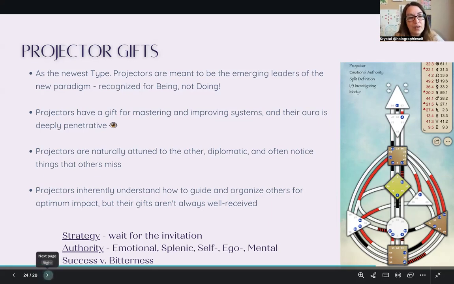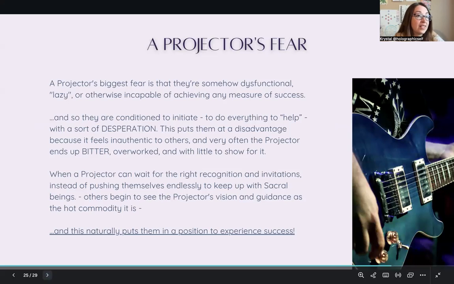A projector's biggest fear is that they're lazy, dysfunctional, or that they have this need to help. Because they're so worried about not getting the right invitations, they say yes to everything, or they overextend themselves. So there will be this energy of desperation from projectors.